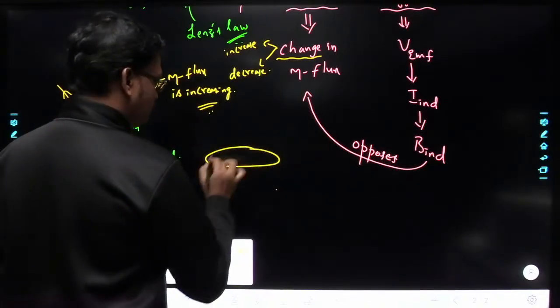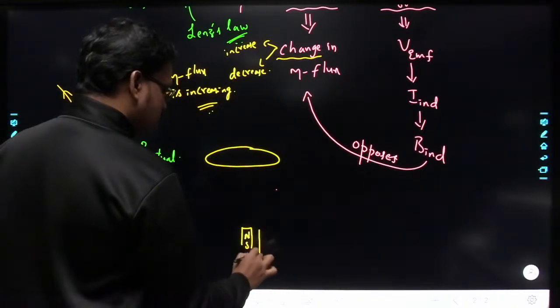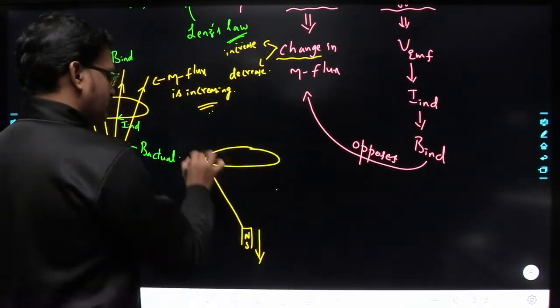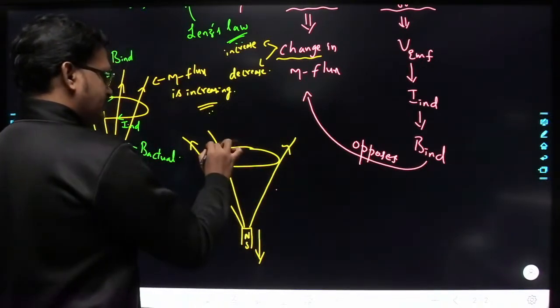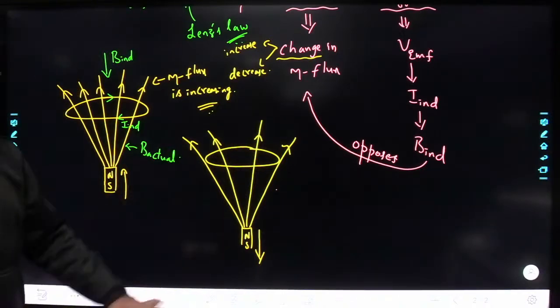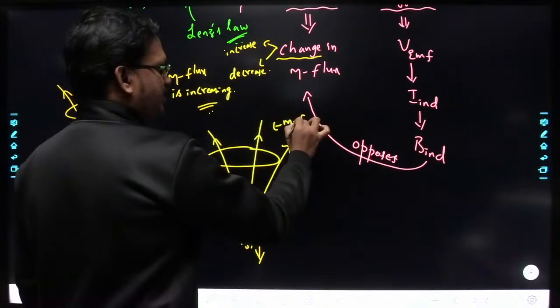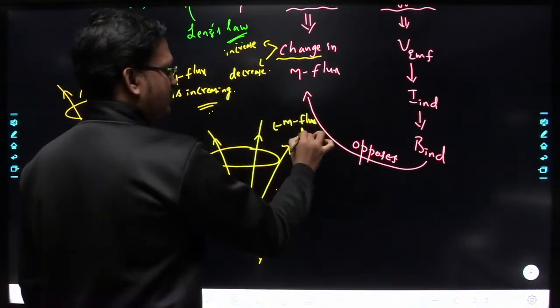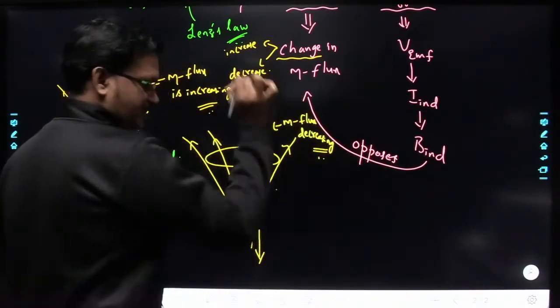Similarly, whenever you consider the loop like this, and if the magnet is moving away from the loop, the number of field lines that are penetrating through the loop are going to decrease. So in this case, magnetic flux is decreasing.